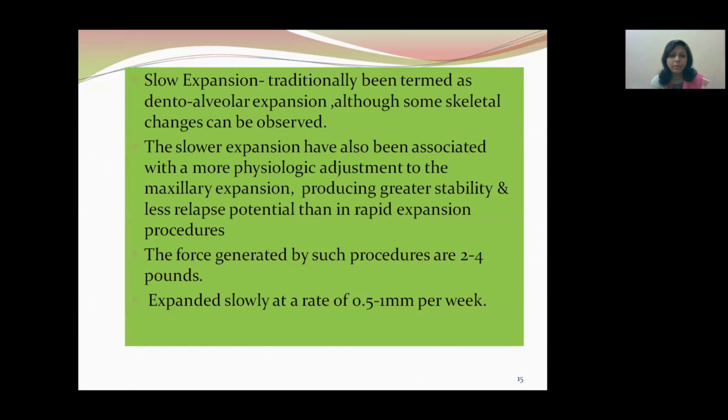The force generated by slow maxillary expansion procedures is much less, that is 2 to 4 pounds, in comparison to the force generated in rapid expansion procedures, which is around 10 to 20 pounds. In this procedure, the expansion rate is slow, that is 0.5 to 1 millimeter per week.